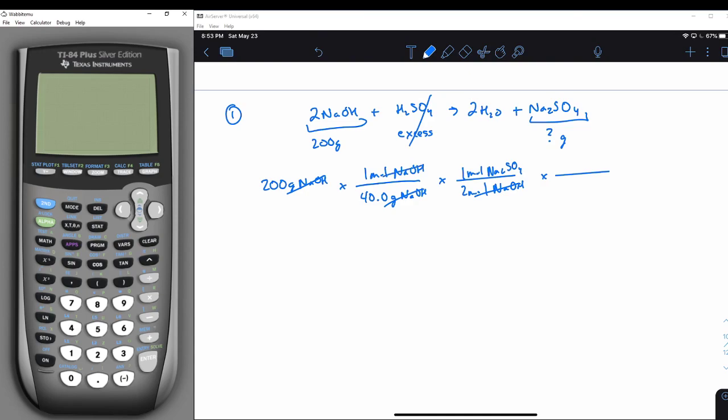That gets rid of the moles of NaOH. Now you're at moles of Na2SO4. And then 1 mole of Na2SO4 is equal to 142.04 grams of Na2SO4. So the moles now cancel and you're left with grams. And you should get approximately 355.1 grams of Na2SO4.